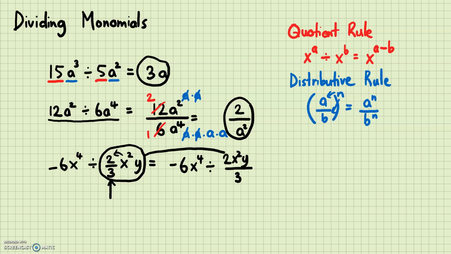This is the same as this, by the way, for those of you who didn't know. We can multiply things to the numerator. We can't multiply the x squared y to the denominator, but we can do this. Okay, so once we have a fraction, we can change this to a multiplication problem. And the reason we want to change this to a multiplication problem is because usually multiplication problems are easier than division problems.